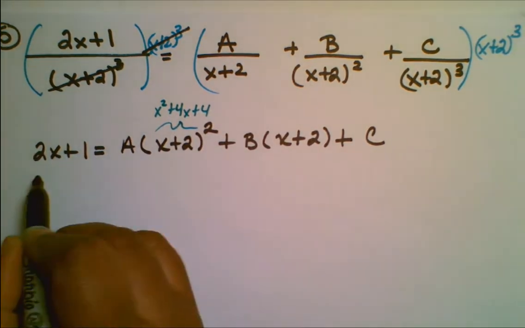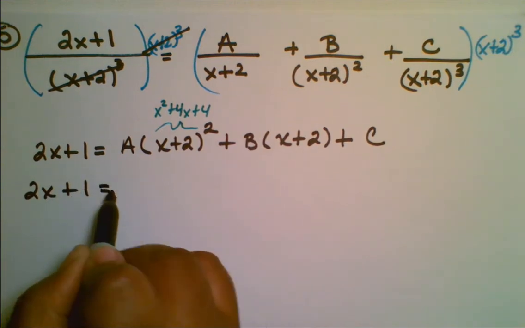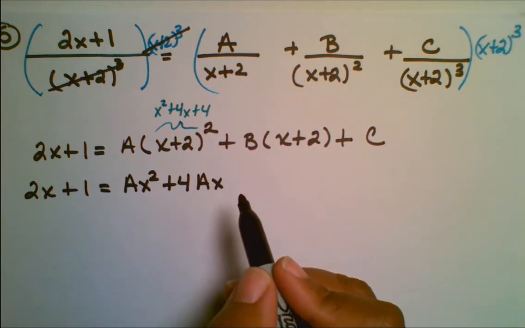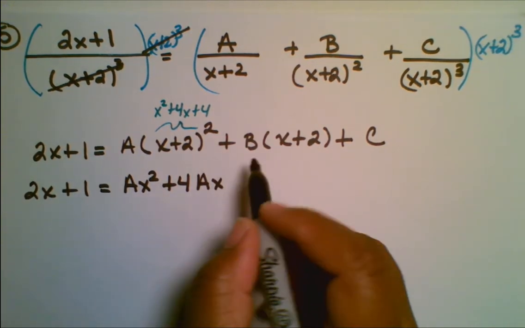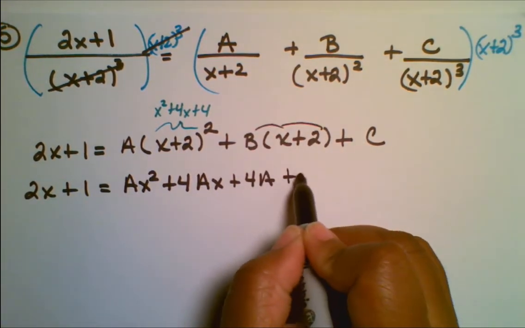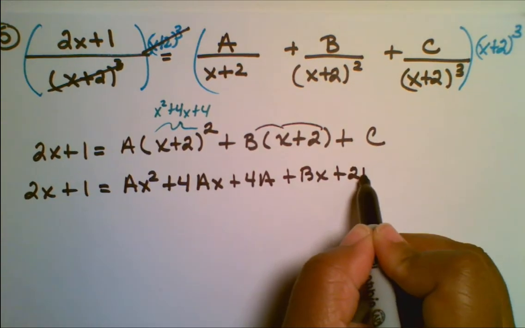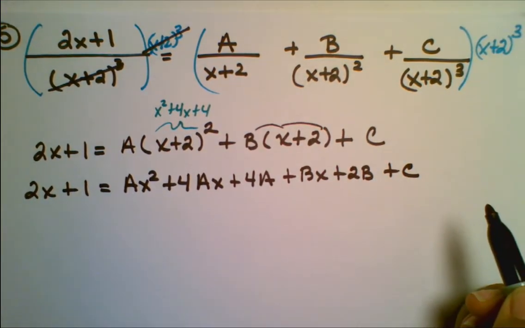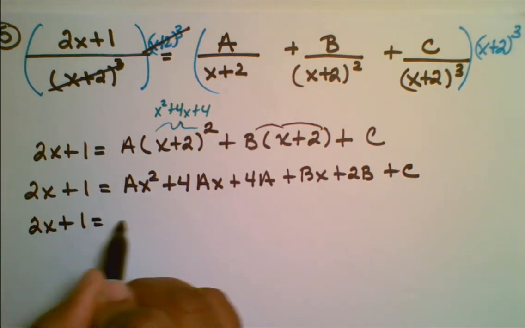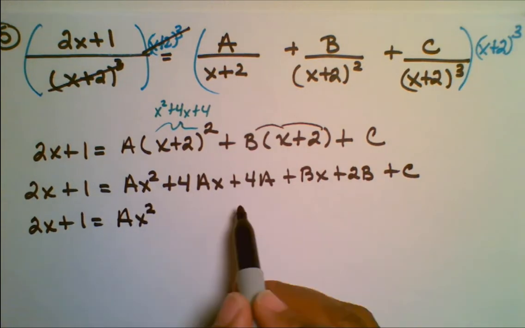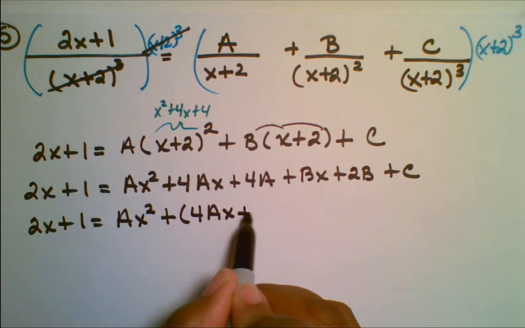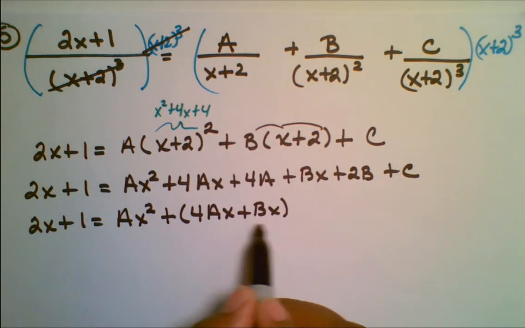So we have 2x + 1 equals A x squared plus 4A x plus 4A. Then take the B and distribute. We have Bx plus 2B, and then we have C. Let's combine our terms. We have our x squared term; we don't have anything to pair with that. We have our 4Ax plus Bx, that's our x term.